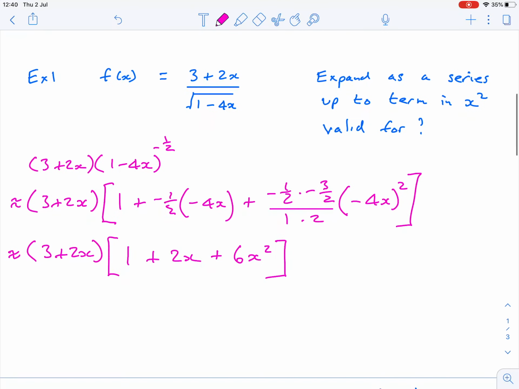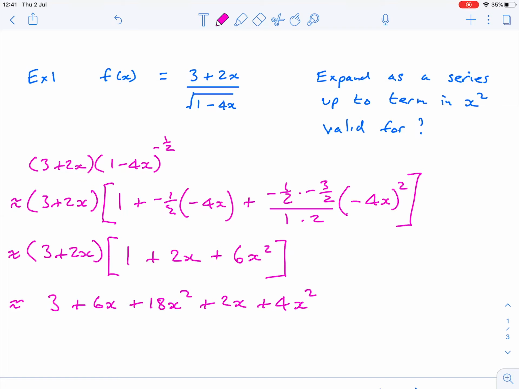And now I multiply this out. 3 times 1 is 3, 3 times 2x is plus 6x, 3 times 6x squared is plus 18x squared. And then 2x times 1 is plus 2x, 2x times 2x is plus 4x squared, but I stop there, because if I multiply the last bit, 2x times 6x squared, I get 12x cubed, but we're only going as far as x squared, so we can't include x cubes.